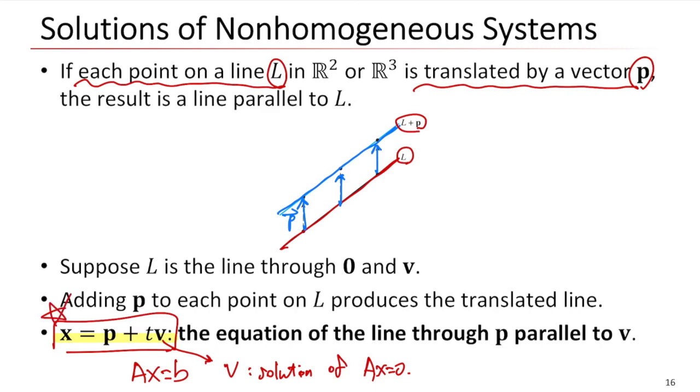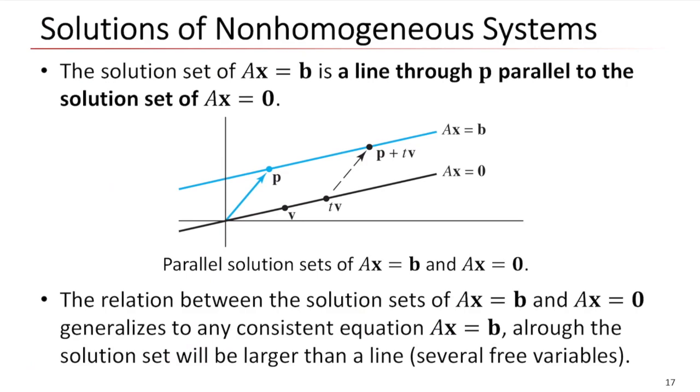Then x is equal to p plus tv is the equation of the line through p parallel to v. What does it mean? Let's see the figure here. Here is summarized the solution set of Ax = b. The solution set of Ax = b here.